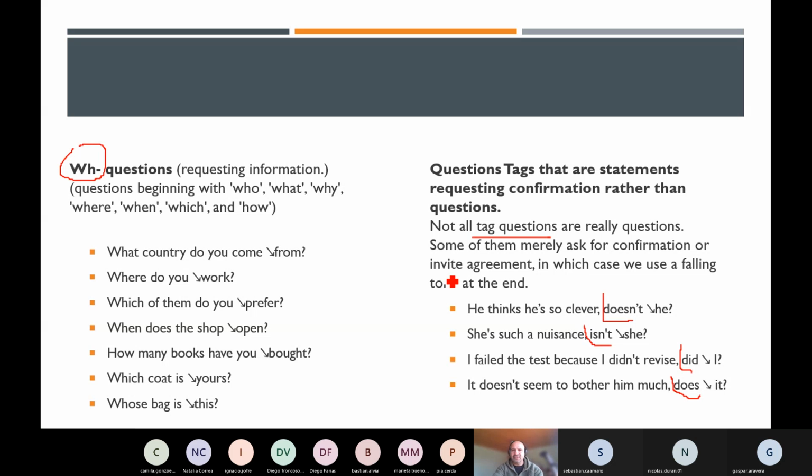So for a falling intonation in this type of question tags, you're not expecting the other person to answer, really. So it's not really a question, okay? It's like emphasizing your opinion, emphasizing that you think he's so clever, emphasizing that you think that she's such a nuisance, all right? So that's the idea with this falling intonation in question tags.